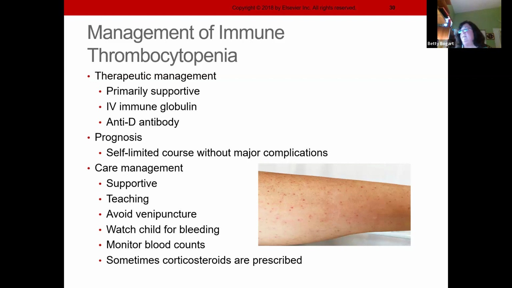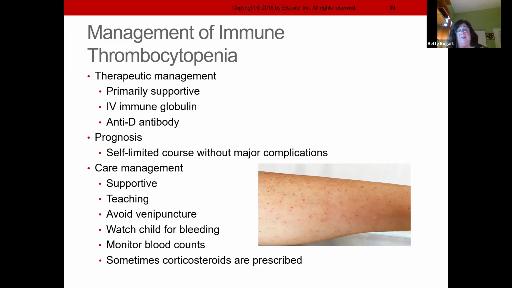So, as a patient in the hospital, we're not going to do any sticks by IV or IM if at all possible, right? Because every time you stick them, these children, their platelets are low, they're going to bleed. We're also going to be watching for bleeding, gums, stool, urine, anywhere.